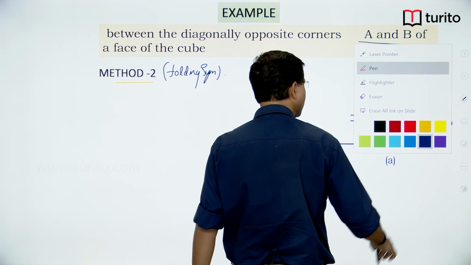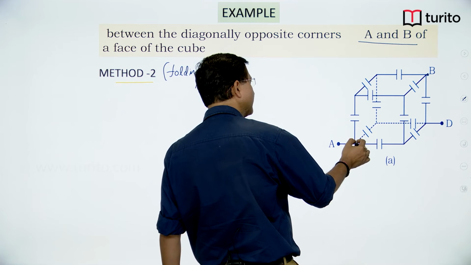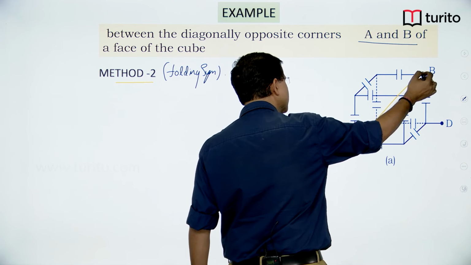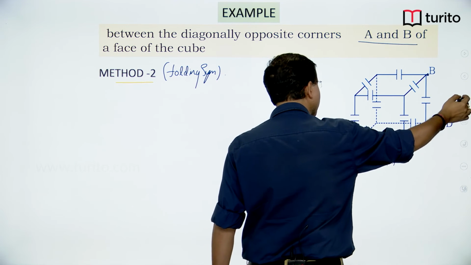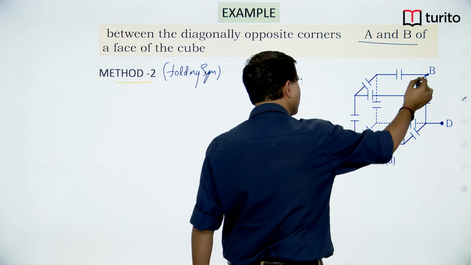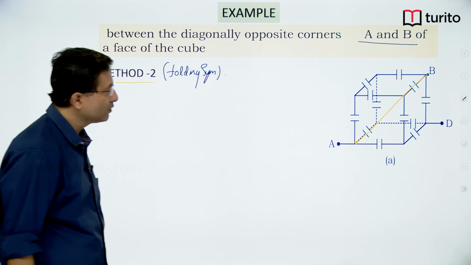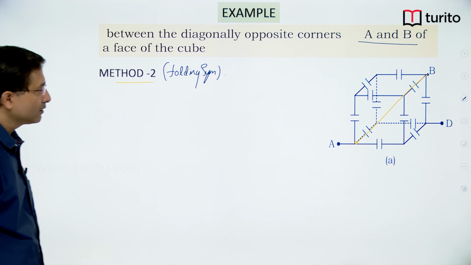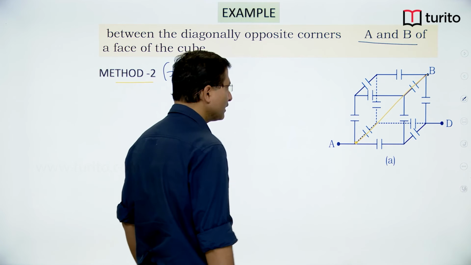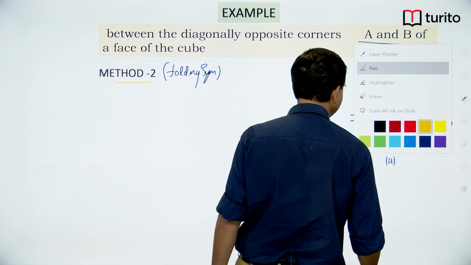You have to visualize joining A to this B, this line I am talking about. About this line the circuit is symmetric, so all the points about this line will have the same potential.